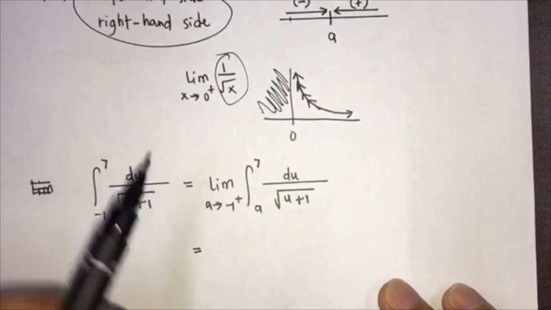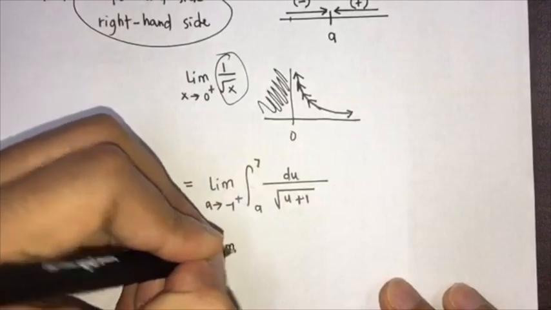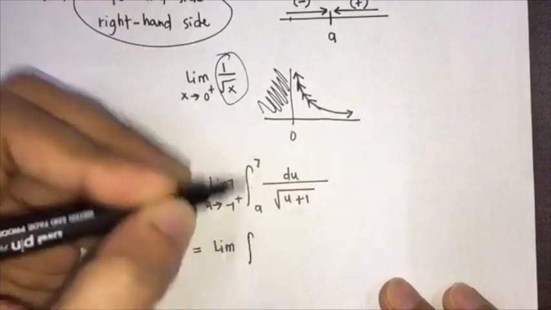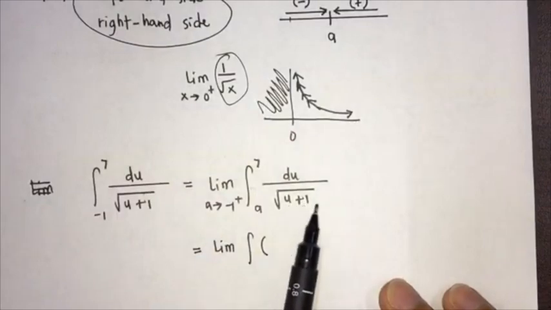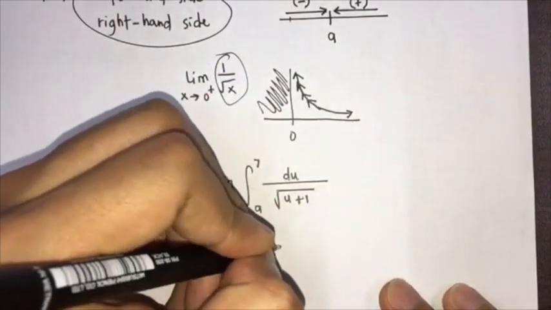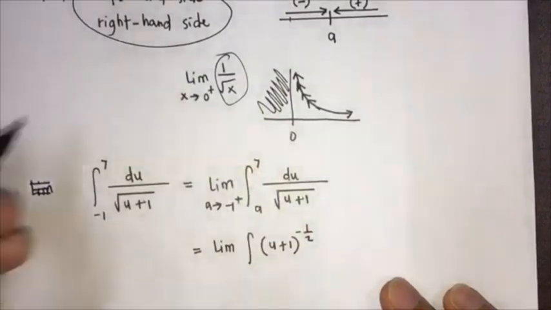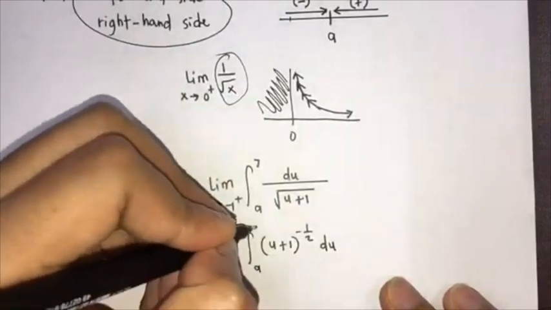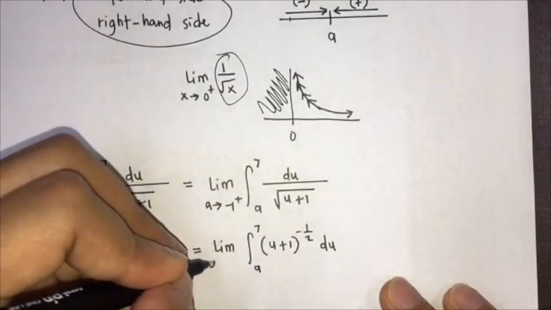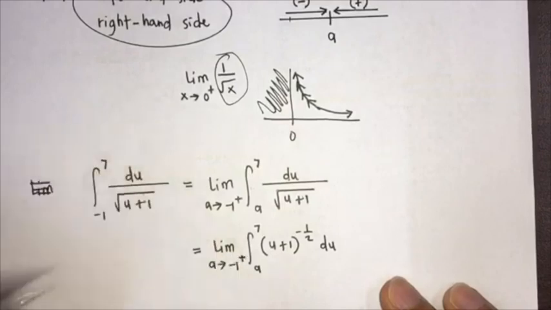So integrating this, the limit of the integral of u plus 1 raised to negative 1/2 du from a to 7, a approaches negative 1 from the right.